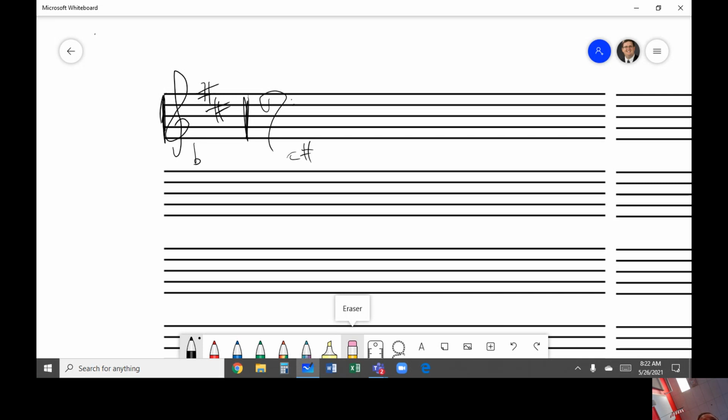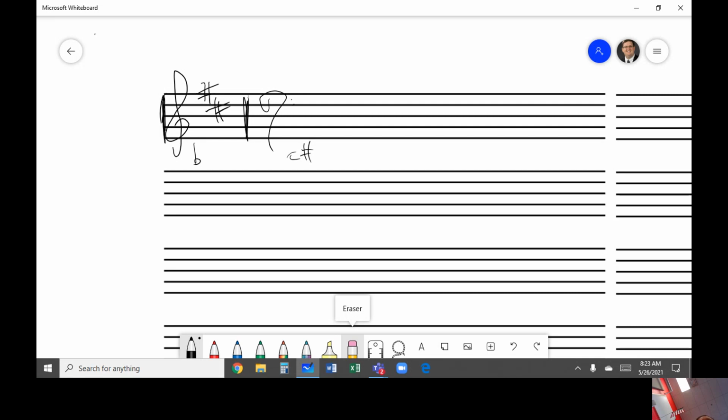C is 1, D would be 2, E would be 3. I know that some form of E, E flat, E natural, or E sharp, is going to be the relative major. Now I go up 3 half steps. C sharp would be 0, D natural 1, D sharp 2, E natural 3. E natural is the relative major for C sharp minor.